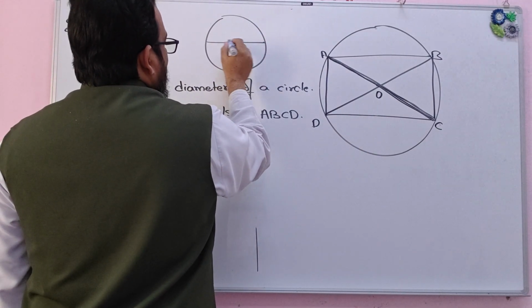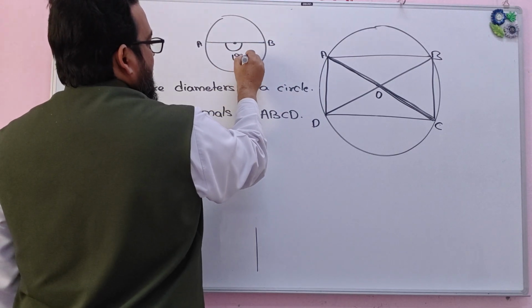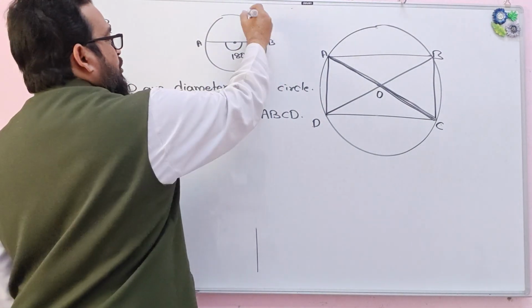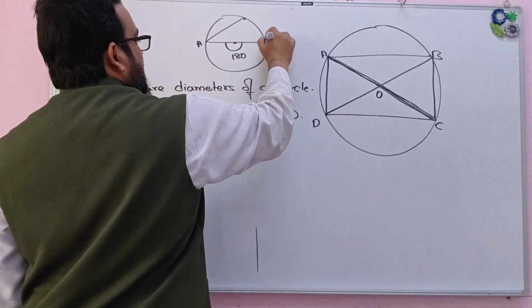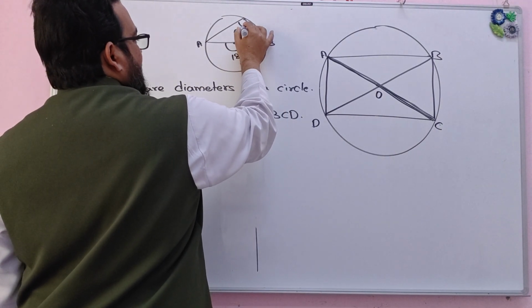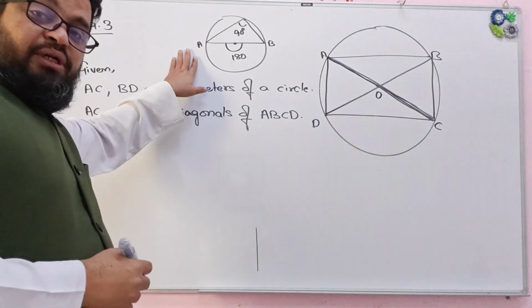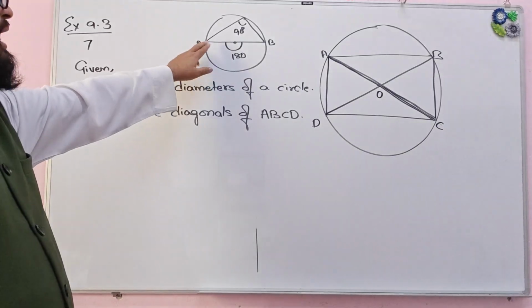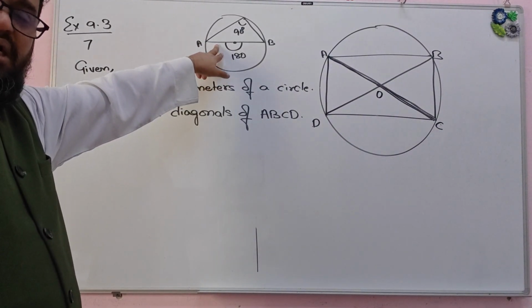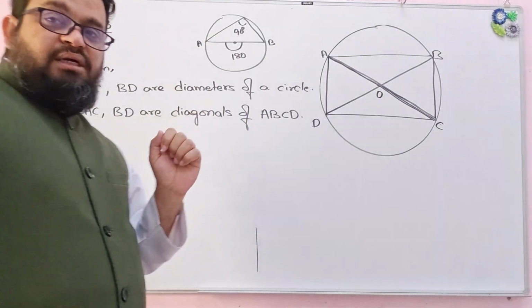What is the angle subtended by this arc AB? It is 180 degrees. Now you take any point on the circle. The angle subtended is half of this, that means it is 90 degrees. So from theorem 9.7, the corollary is that the angle in a semicircle is always 90 degrees.